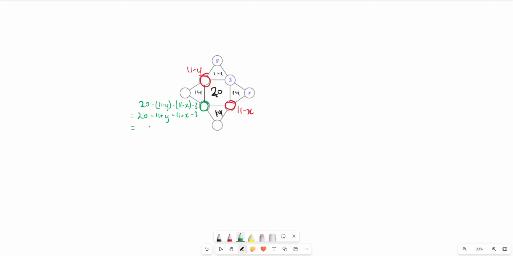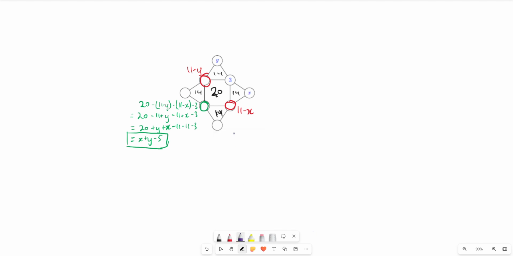Simplifying it again, 20 plus y plus x minus 11 minus 11 minus 3. Well, negative 11 minus 11 minus 3 equals negative 25. So 20 minus 25 is negative 5. So x plus y minus 5 would be our algebraic answer here for this circle.